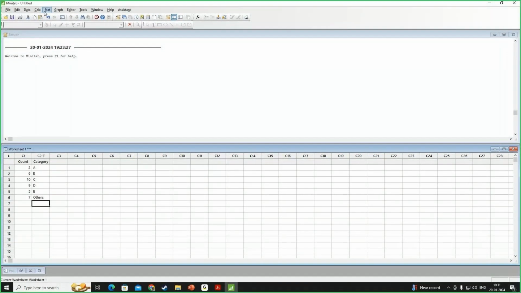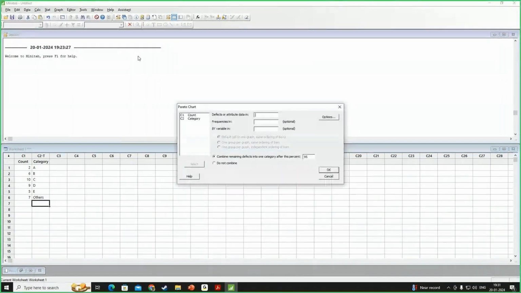Go to Stat, Quality Tools, Pareto Chart.